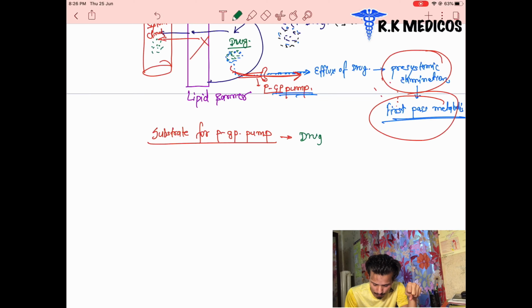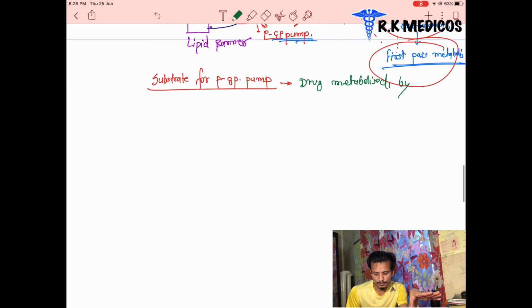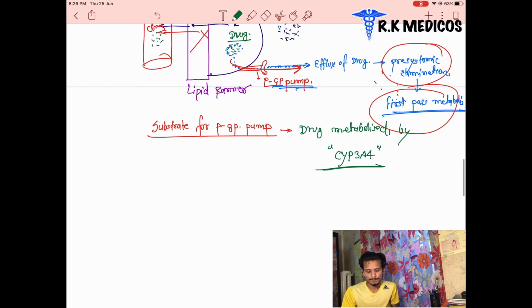The drug is metabolized by some special type of enzymes, that is CYP3A4. CYP3A4 is the type of enzyme responsible for drug metabolism. This is an important enzyme responsible for drug metabolism.